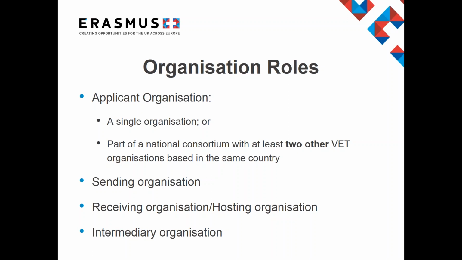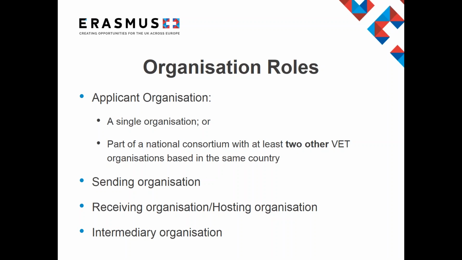The applicant can be a single organization or the coordinator of a national mobility consortium of partner organizations from the same country, aimed at sending VET learners and staff on mobilities abroad. The National Mobility Consortium coordinator can also act as a sending organization.